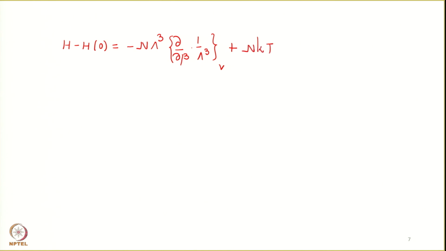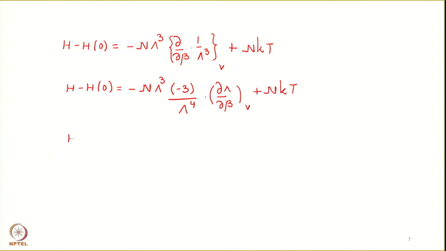We proceed from here. So what do we get? H minus H0 is equal to minus n lambda cube, derivative of lambda cube with respect to beta. Lambda depends upon beta, therefore we need to perform this differentiation, which will be minus 3 by lambda 4 into derivative del beta of lambda at constant volume, plus nkT.